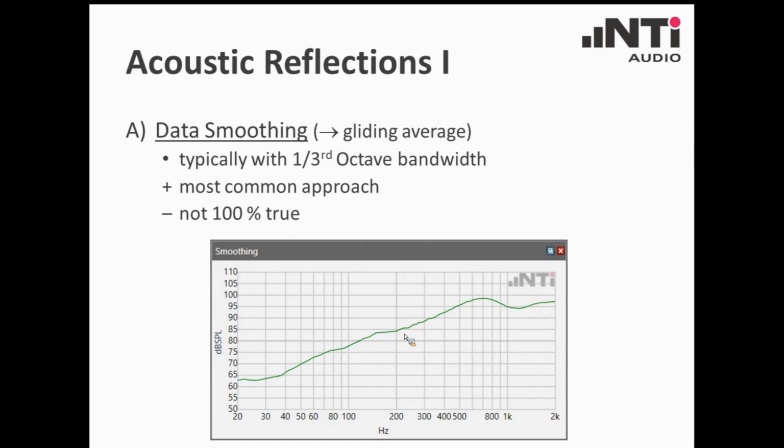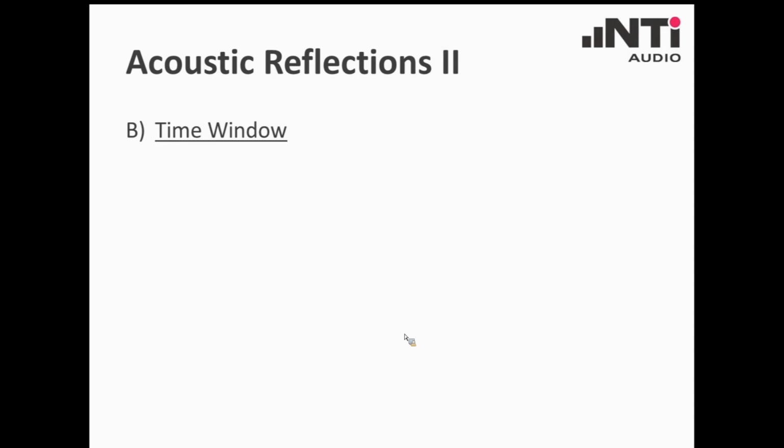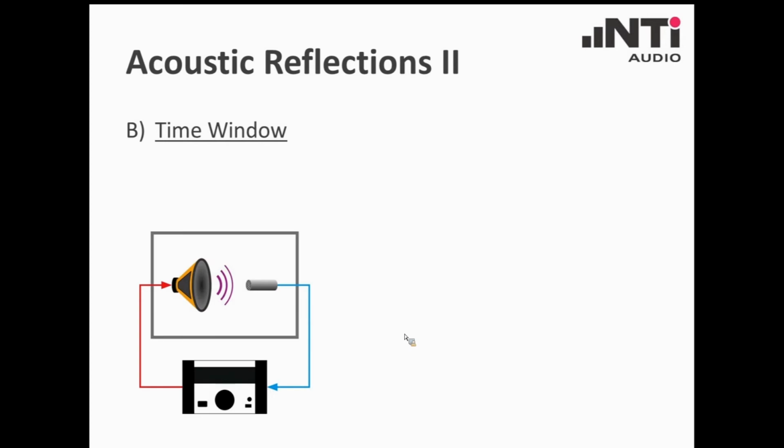However, there is also a second approach to deal with these reflections, and that is by applying a time window. Now, let me explain what that means. Here we have a typical test setup for an acoustic device, for instance, a loudspeaker. Here is the device under test, the measuring microphone, and the whole thing is in a test rig.